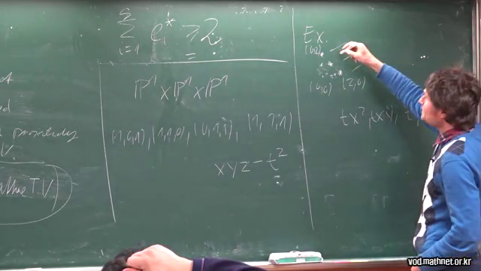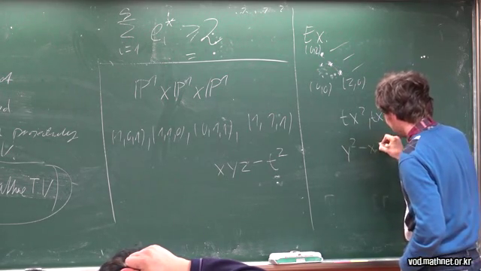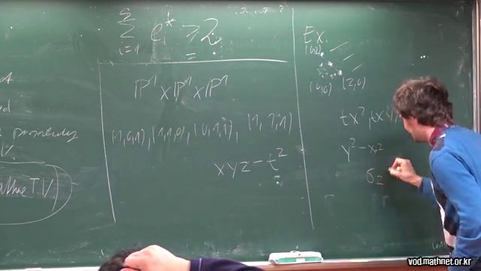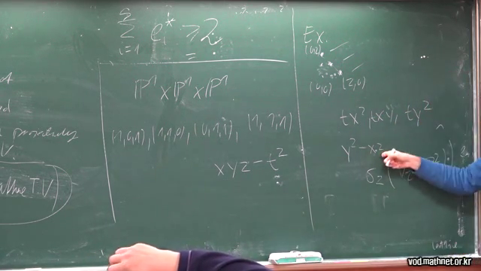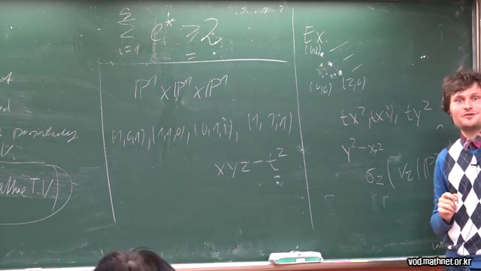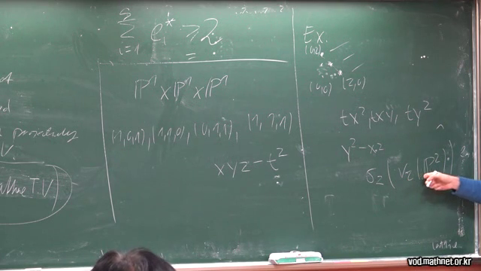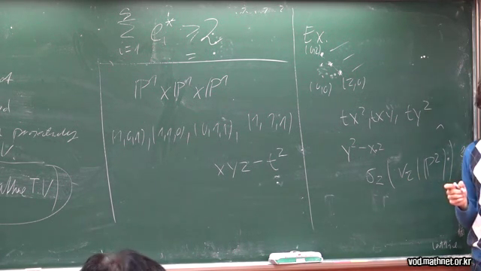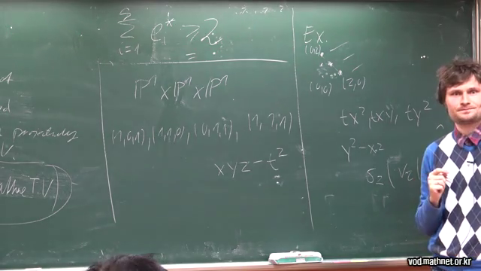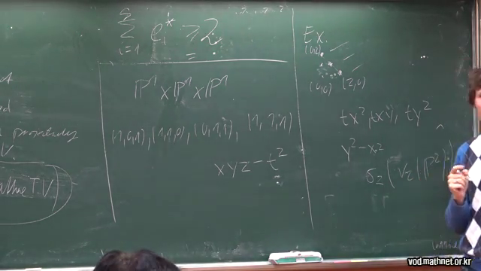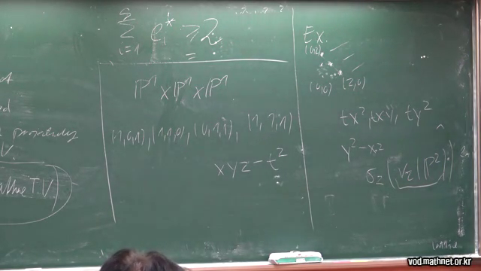You can also see that there is an equation here, y squared minus xz, of the secant variety of the second Veronese of P2. So what is this equation? Well, the second Veronese represents rank 1 symmetric 3x3 matrices.